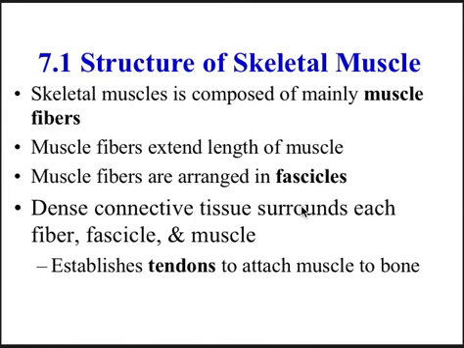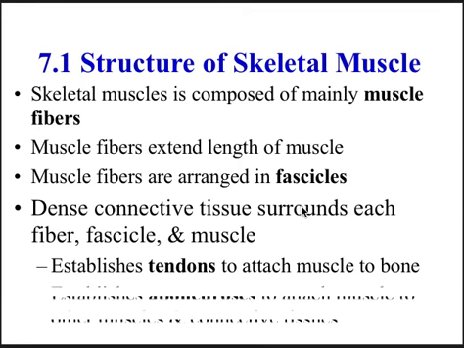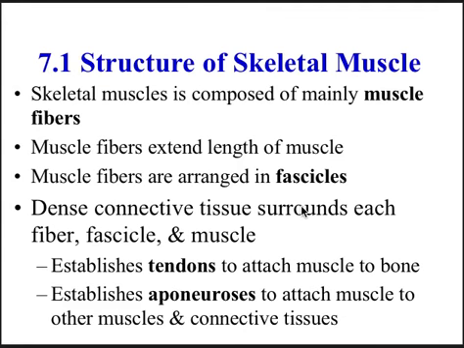It produces tendons that attach muscle to bone, and it establishes broad, flat layers of connective tissue called aponeuroses to attach muscle to other muscle and to connective tissue. And we'll see a couple of examples of aponeuroses in our skeletal muscle diagram.